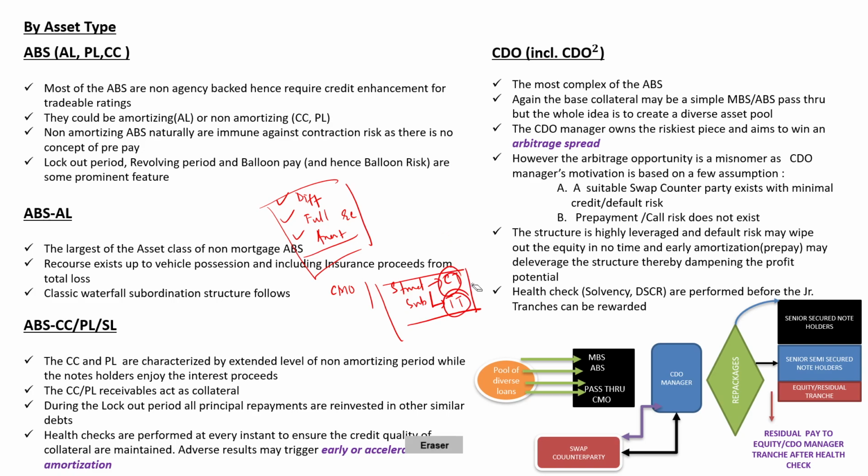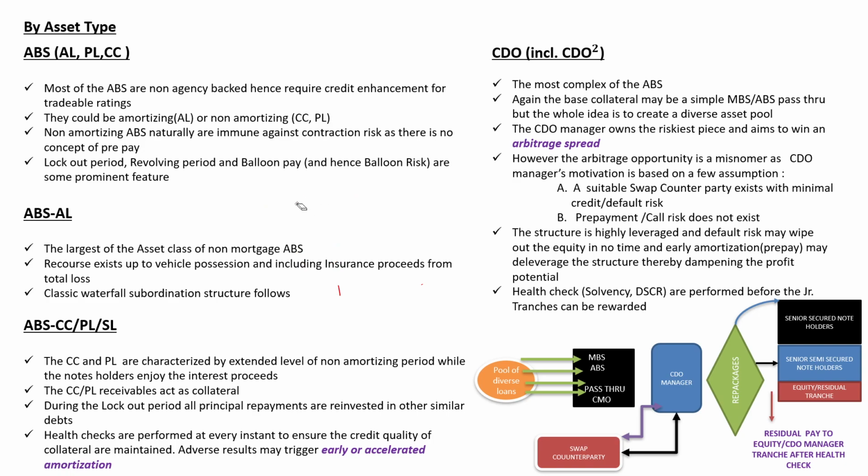Now, as opposed to the auto ABS, the other asset-backed securities are basically uncovered, or they really do not have any hard asset to back them up. And those are the credit card receivables, the personal loan, or the student loans. So we must understand here that against the credit card receivables or the personal loan or a student loan, there is really speaking no collateral at the asset level.